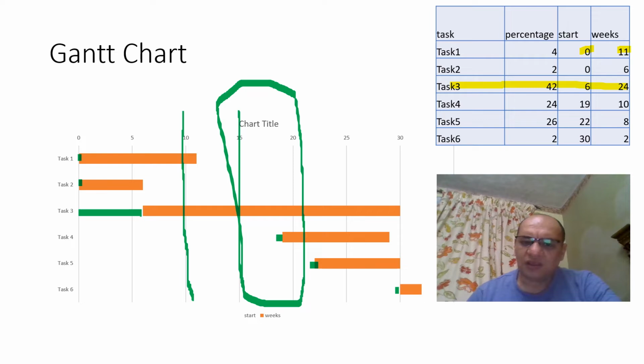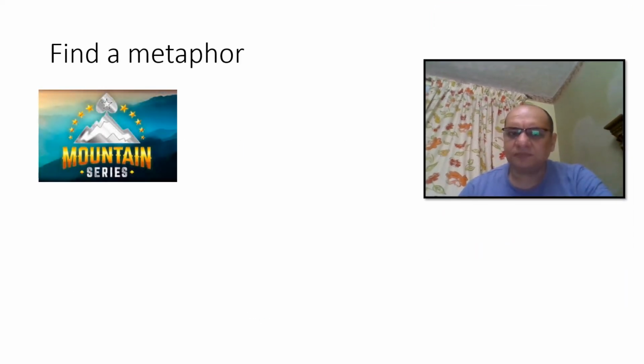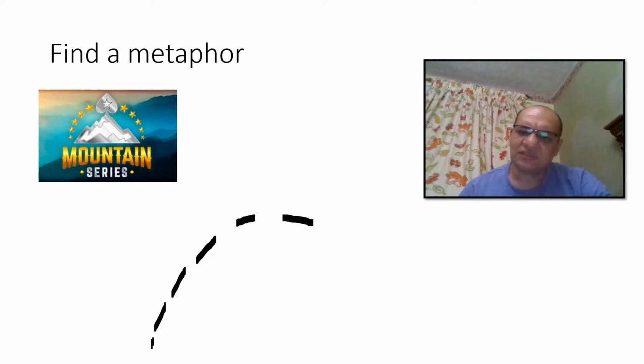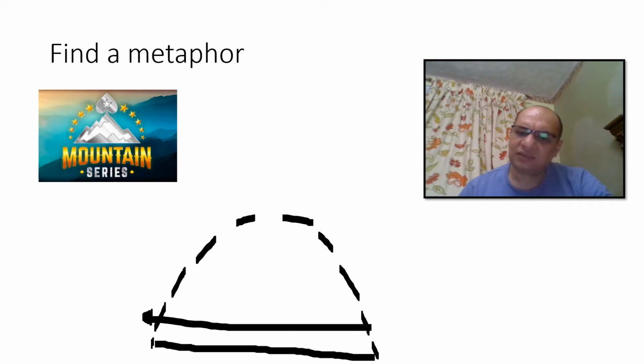So first of all, I have to look for a metaphor, and a suitable metaphor here is a series of mountains. Each mountain represents one task. It has width and height, and together they look like a rectangle.